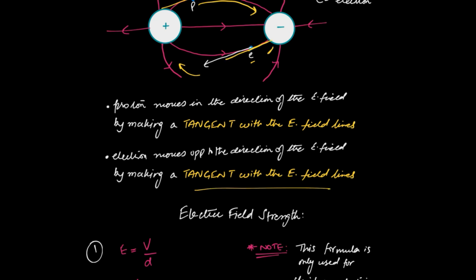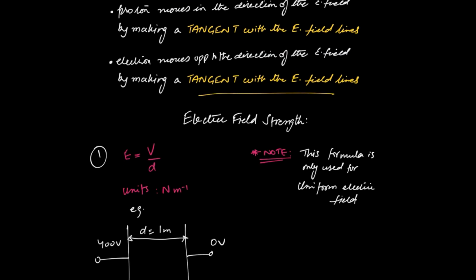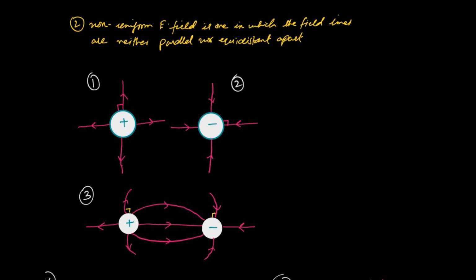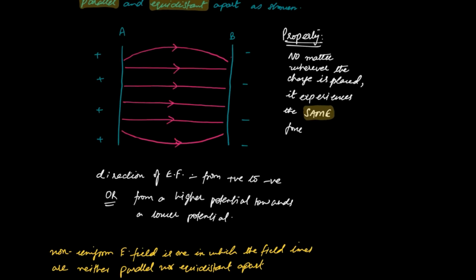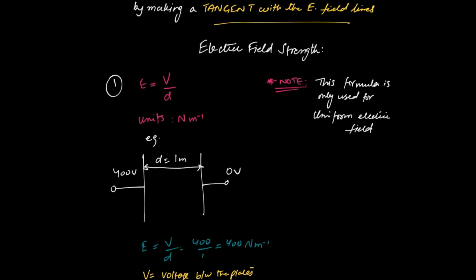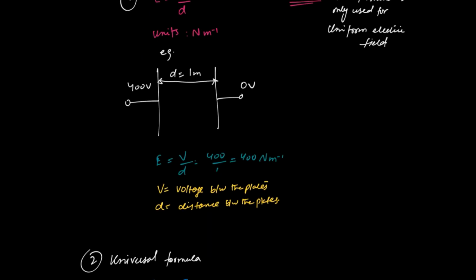So moving on, we already know that over here we learned something new, and the name was electric field strength, right? So what is electric field strength? When we place two charged plates vertically, one would be at a higher potential and the other at a lower potential, with some distance between them.